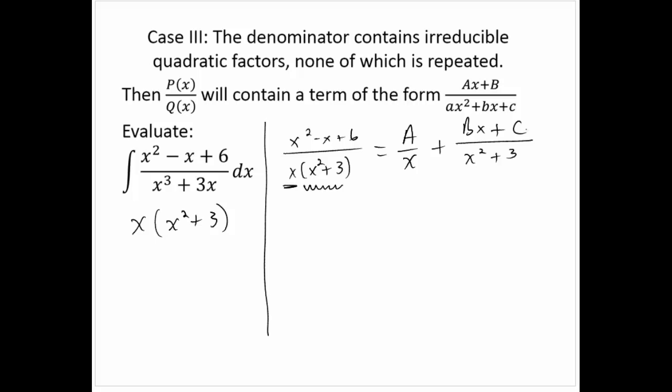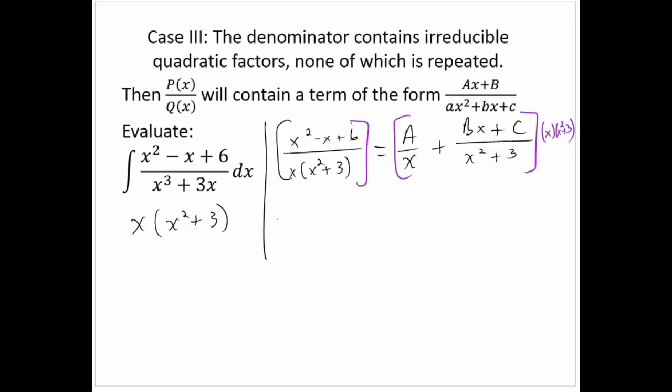All right, now, as before, we multiply both sides of the equation by the denominator, x times x squared plus 3. Everything cancels out over on the left-hand side.